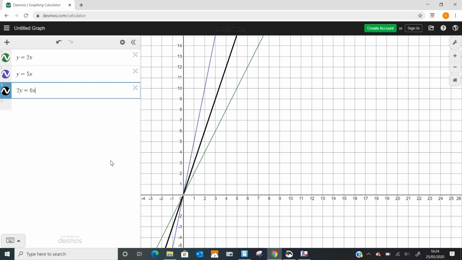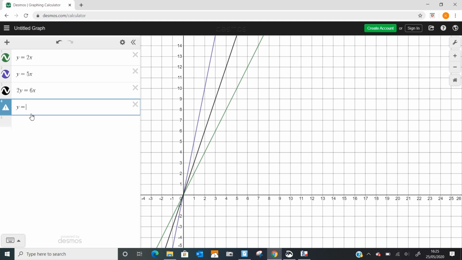If I go along 1 and up 3, along 1 and up 3, and I'm passing through the origin. So this equation of a straight line isn't in its standard form, but really what that one is there is really y equals.